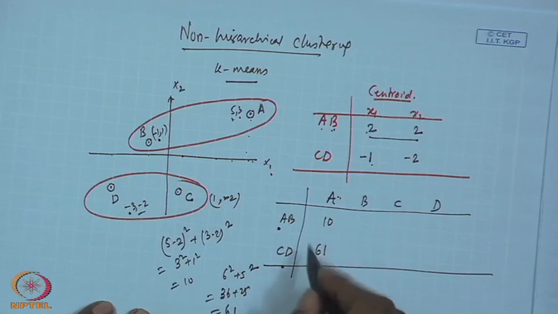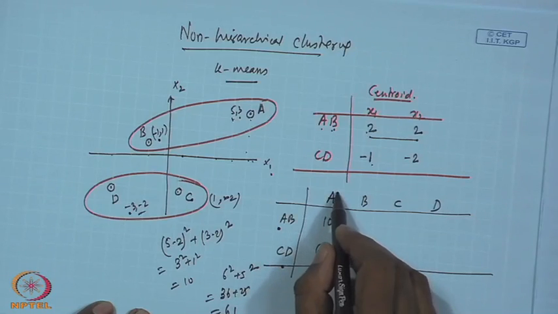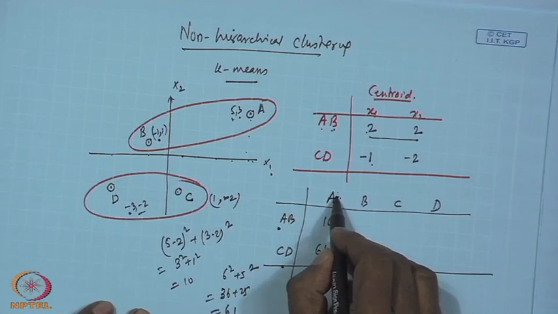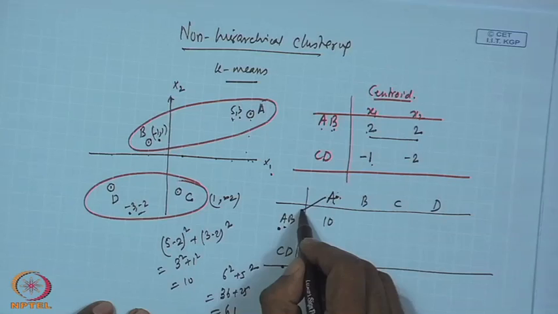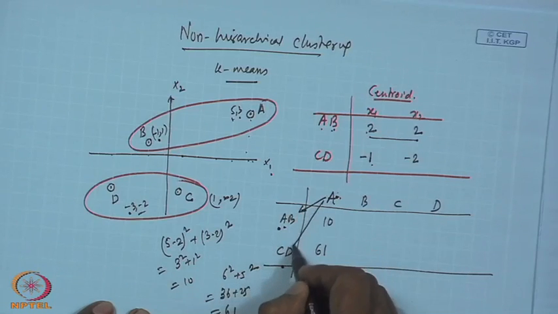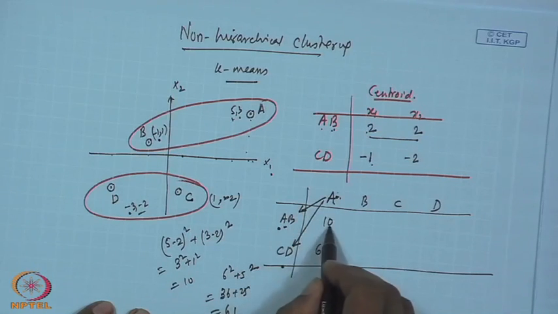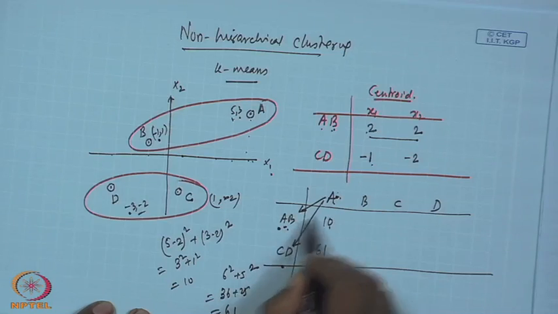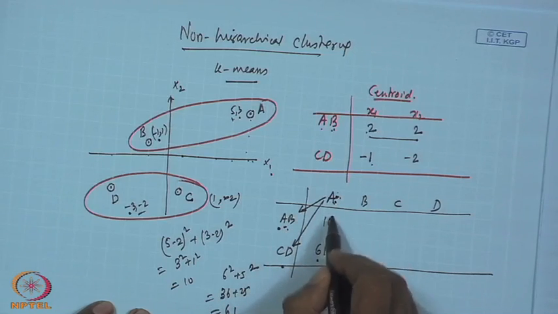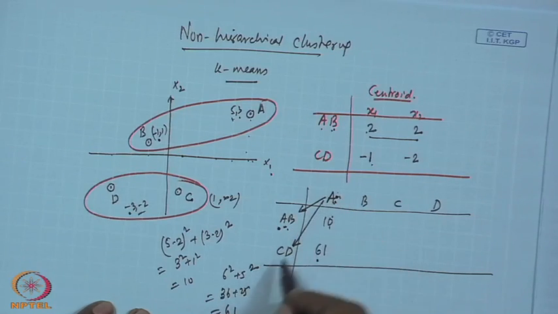So definitely I am comparing A's position, where it should go, in this group or in this group. As A's distance to AB is 10, which is less than the distance between A and CD, 61, its group should be AB.